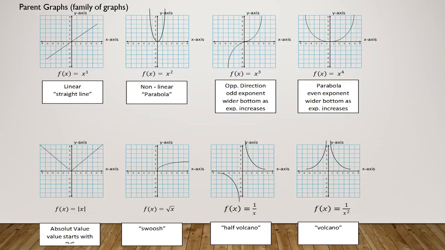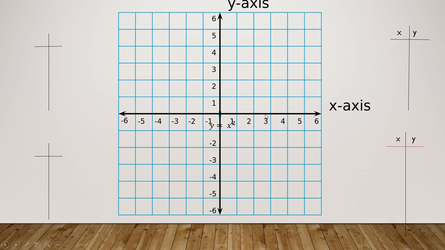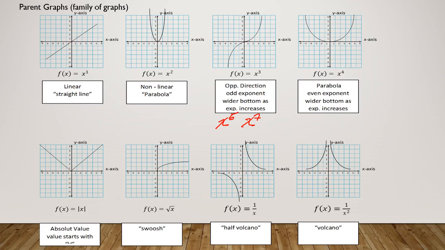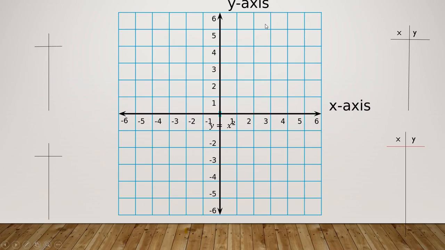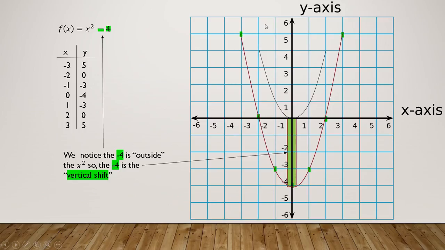And when we're talking about x to the third power, I might as well go ahead and say x to the fifth and x to the seventh. Anything to the odd power is going to have a shape like the third power. The only difference is the higher the power, the more that this right here is going to be flattened.